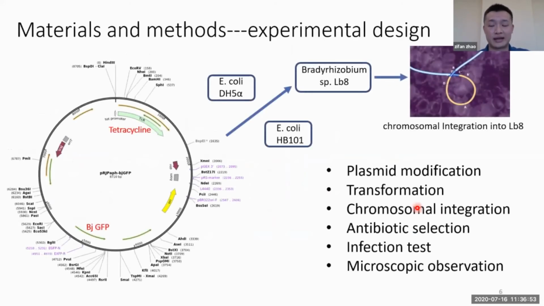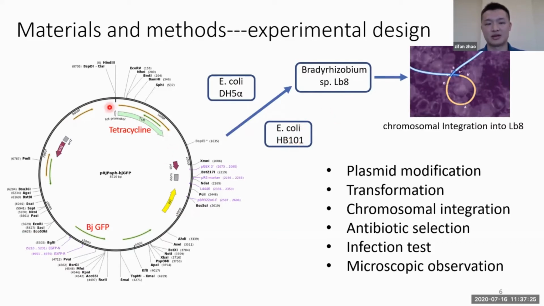After we selected the right bacteria, the next thing is to put the GFP plasmid into it. The GFP plasmid will be modified first and then transferred into the competent E. coli cells, called DH5 alpha. From the DH5 alpha, the plasmid will be further transferred into the Bradyrhizobium strain Lb8 through triparental conjugation with the help of the E. coli strain HB101.